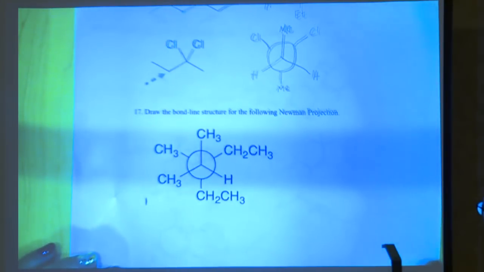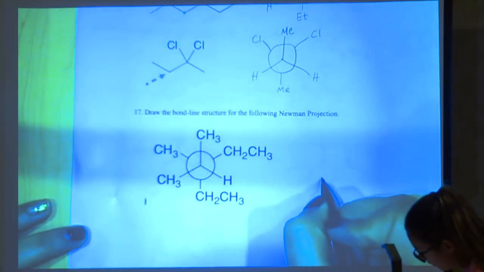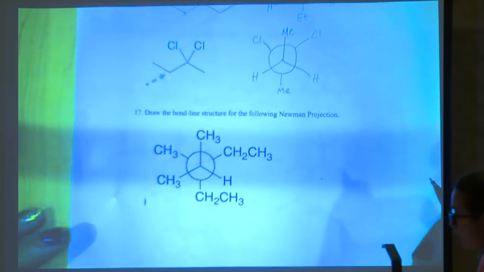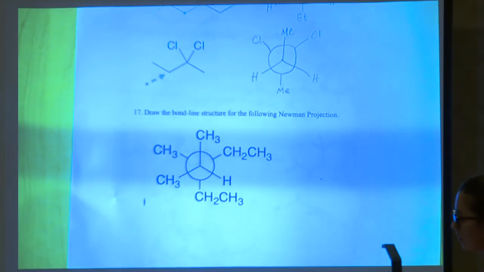So now the reverse of that, draw the bond line structure for this. Okay, so we have this CH here, and then where are the methyls going? Well, one's on the plane and one's going backwards, so hash, right?